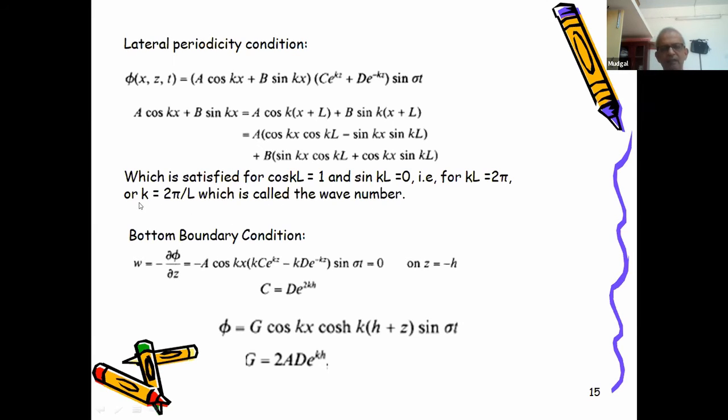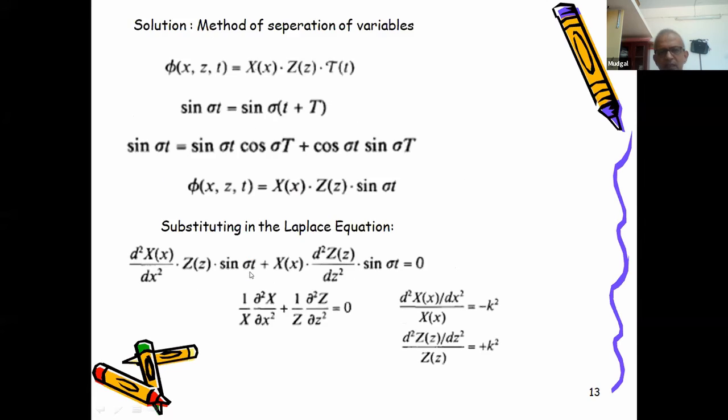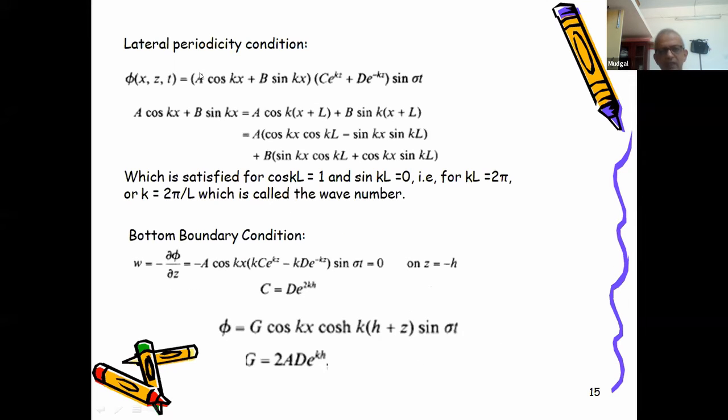Okay. Then you impose the bottom boundary condition. And what is the bottom boundary condition? That w is equal to minus del phi by del z should be equal to 0. So when you differentiate this function and then substitute, you will see here that A etc. are all constants except for this term in the bracket.